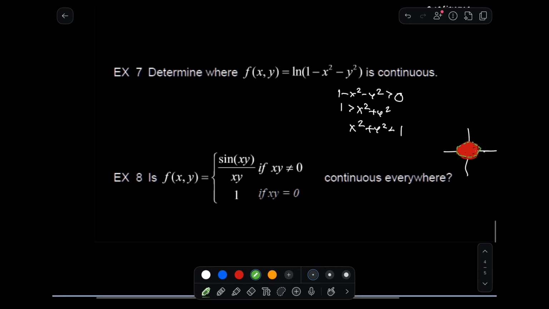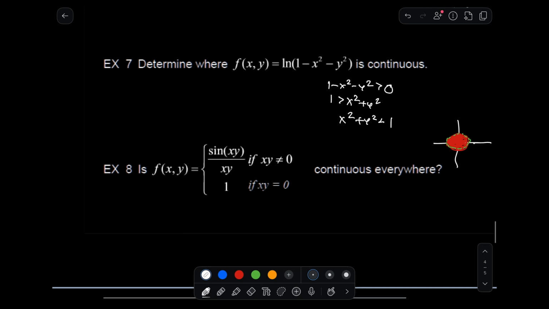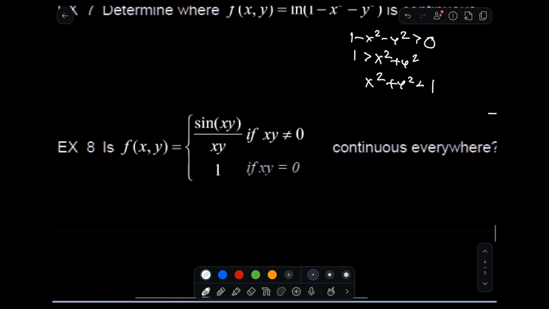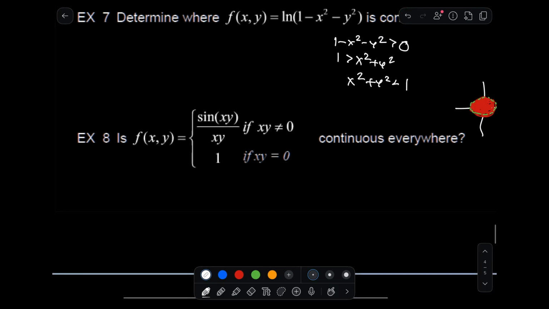Example 8: is f of x, y for this piecewise function continuous everywhere? Let's look at it. So if xy equals 0, then it would be 1. Well, what do we know about sine? What do we know about the values for sine of xy over xy?